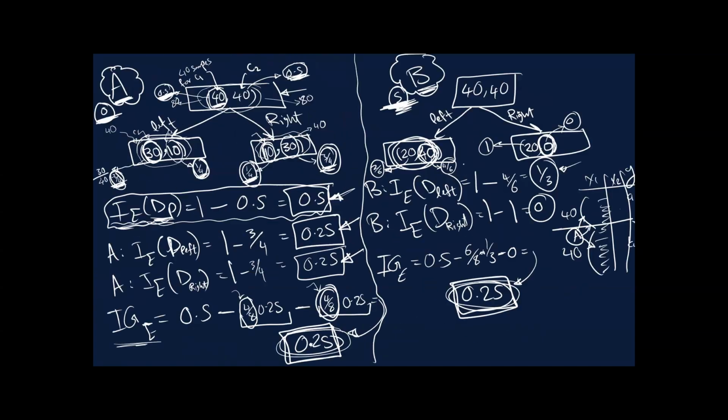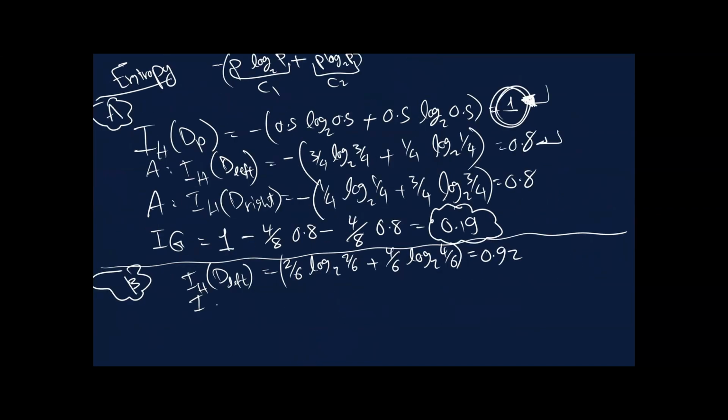And if we look at the right split, it will have a probability of 0 log 0, okay, because that's this one. When we calculate it, it will give us 0 at the end.